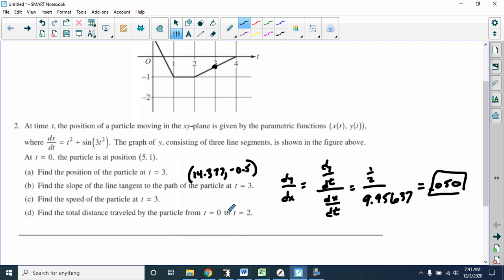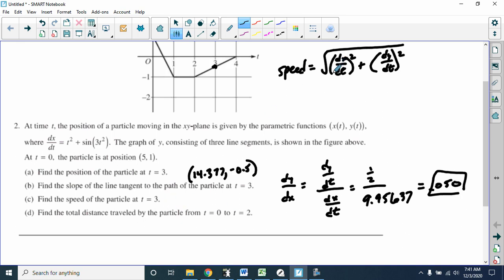Part C wants the speed of the particle at t equals 3. Speed is equal to the square root of dx/dt squared plus dy/dt squared. And we want it at time 3.